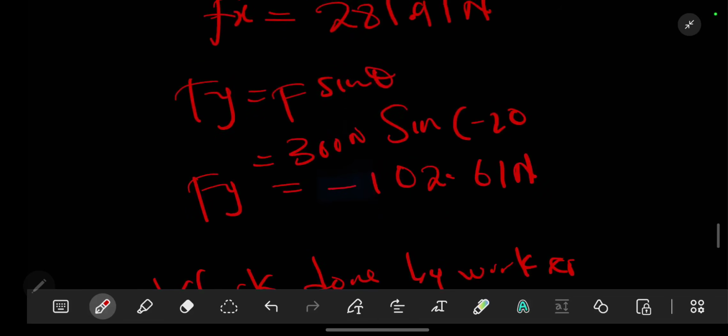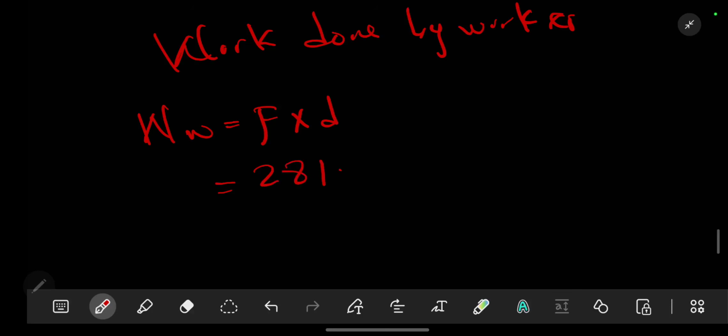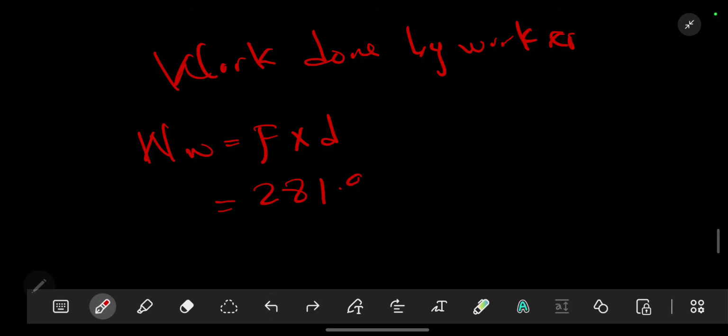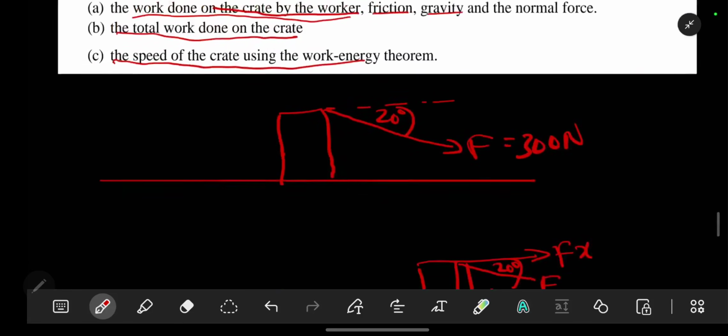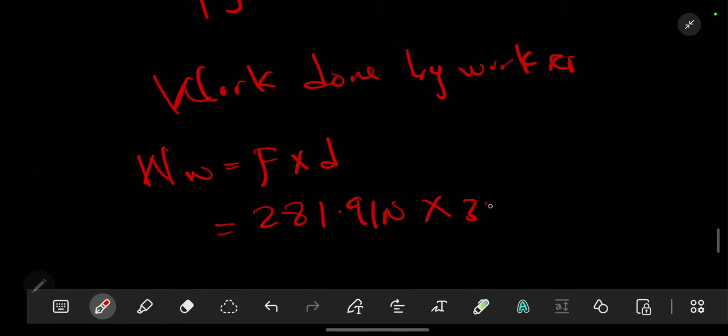So the force was in the x-axis, so we are going to say 281.91 newtons times the distance, which is 3 meters. We can even add the cosine of 0 degrees because they were moving in the same direction, or parallel to each other, to the extent that the angle between them is 0.